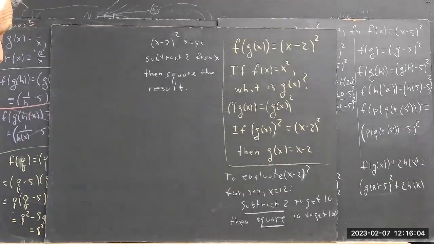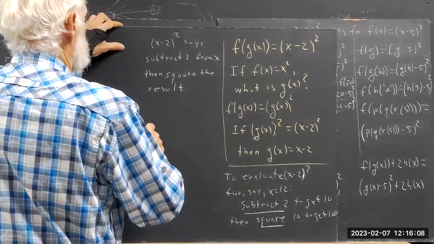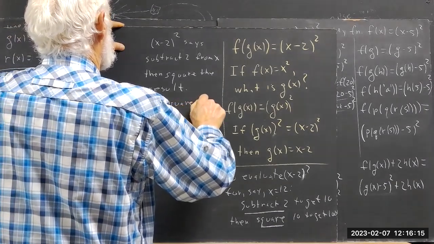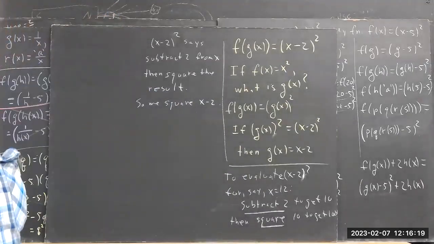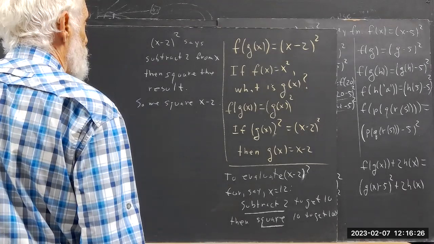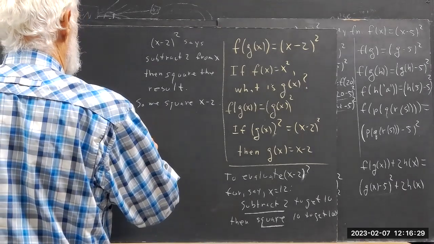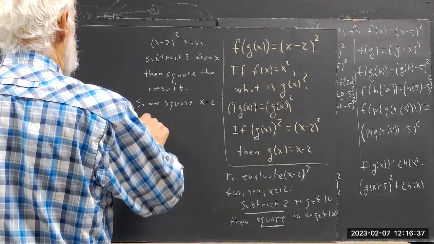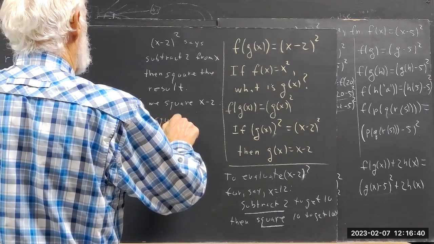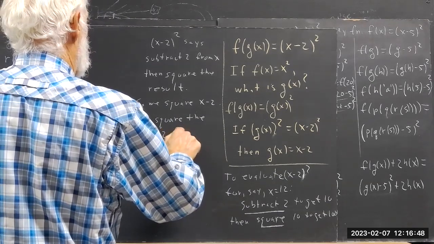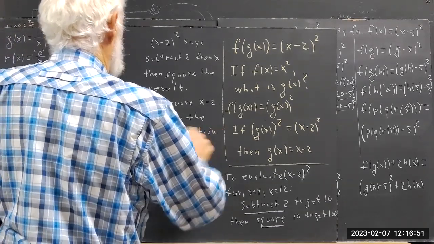So we square x minus 2. We could say we square the x minus 2 function.